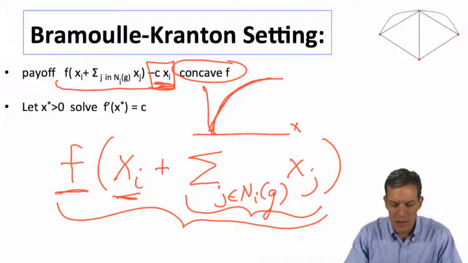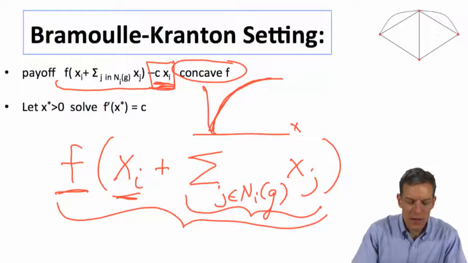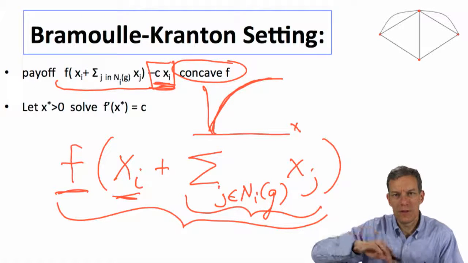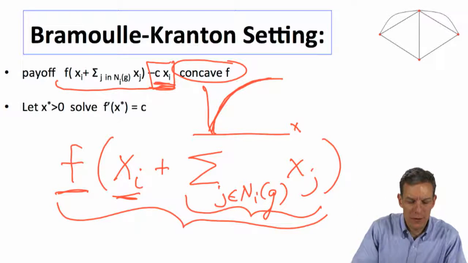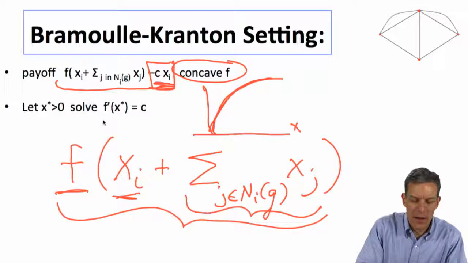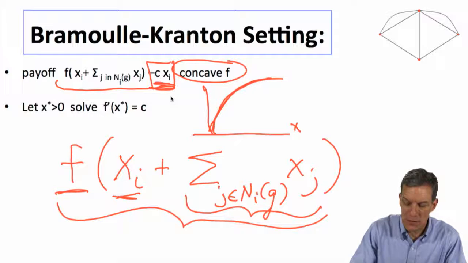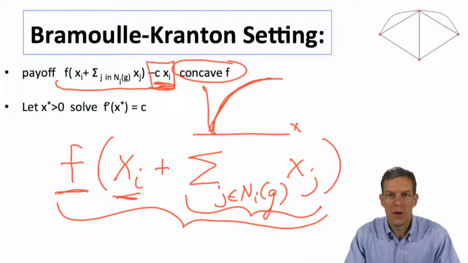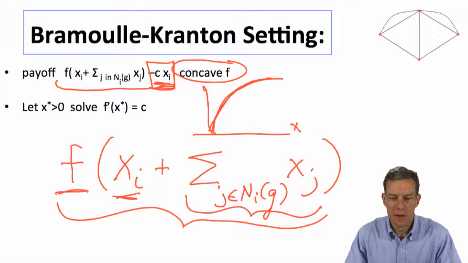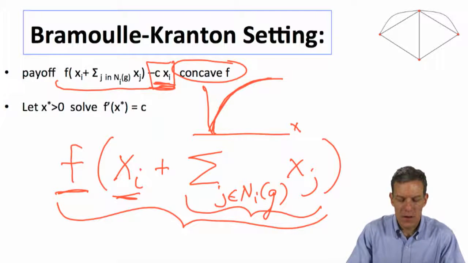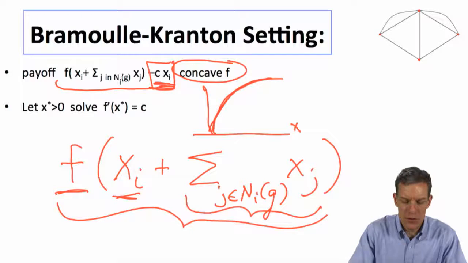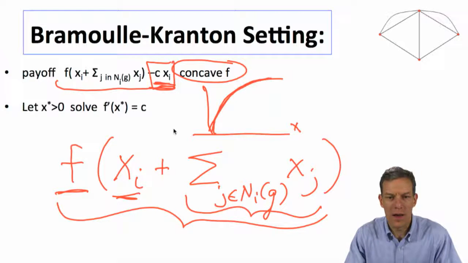And once we have that kind of structure, let's assume that this thing's nicely differentiable. We can take a derivative of it. We can also look at the maximizer of this. So suppose that I just look at the function where I look at the total effort that's provided and look at the total cost. Okay. And I want to look at a situation where I maximize this thing with respect to x.